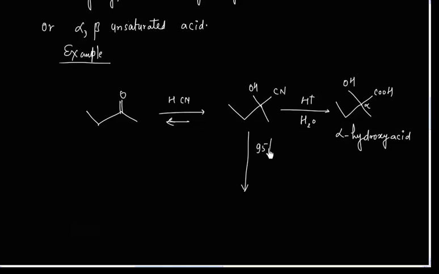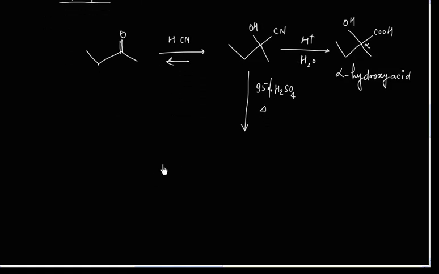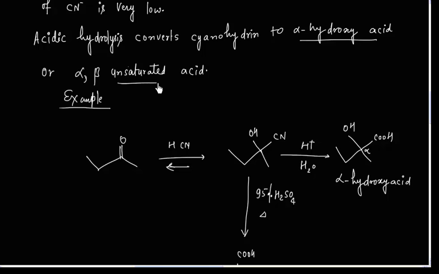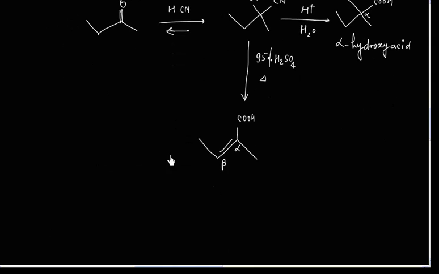If it is treated with concentrated H2SO4 and heat is also there, it will first form the acid and it will be dehydrated to give an alpha beta unsaturated acid. So this step is dehydration of alcohol.